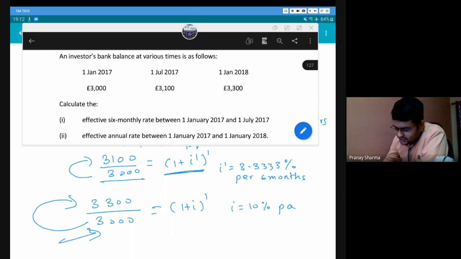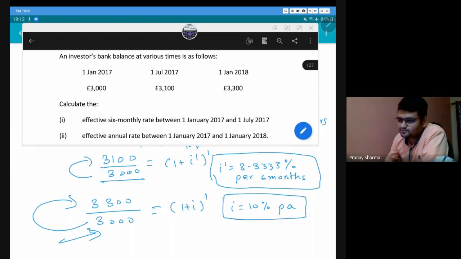So how much return did I earn? On a 6-month basis, I earned a 3.33% rate of interest here, and in this second one, I received 10% per annum. But if I need to compare them, I cannot compare 6 months and per annum. So I will find the per annum basis for this, as well as the 6-month basis for this.